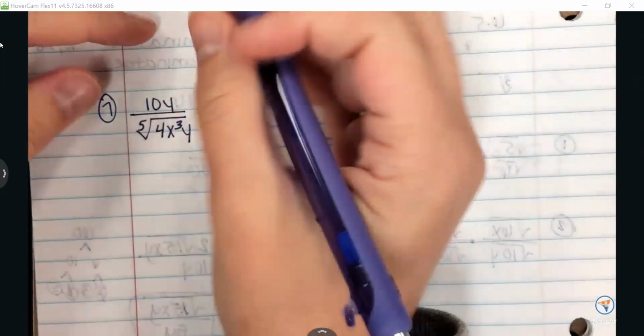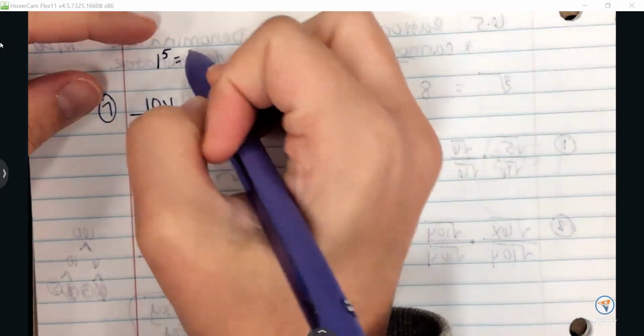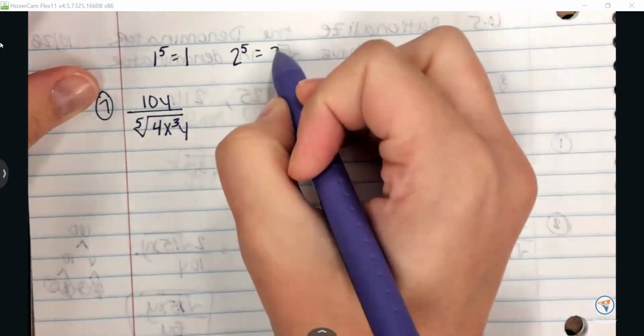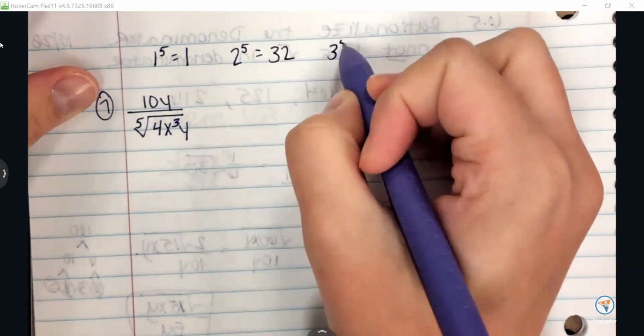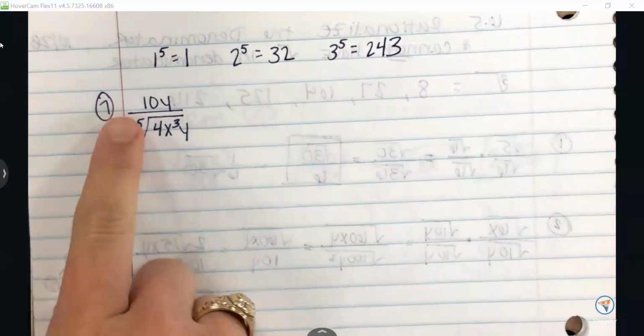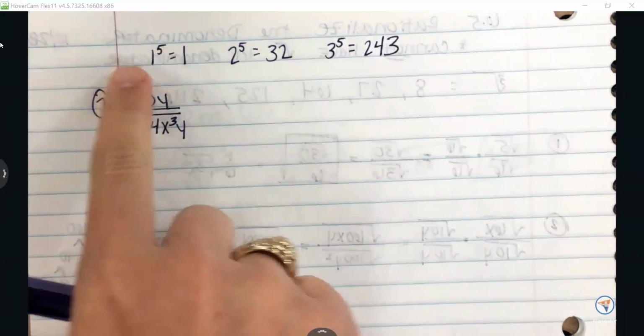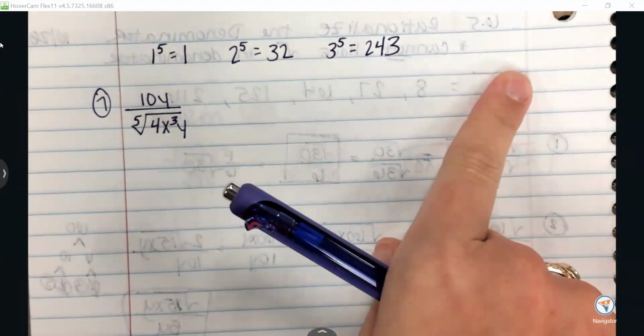So what I mean by that is, of course, we know 1 to the fifth is 1. What is 2 to the fifth? 32. What is 3 to the fifth? Use your calculator, hurry up. Okay, so that's what I would do if I get a power or a root bigger than 3. I would just write down just a few of them, okay?